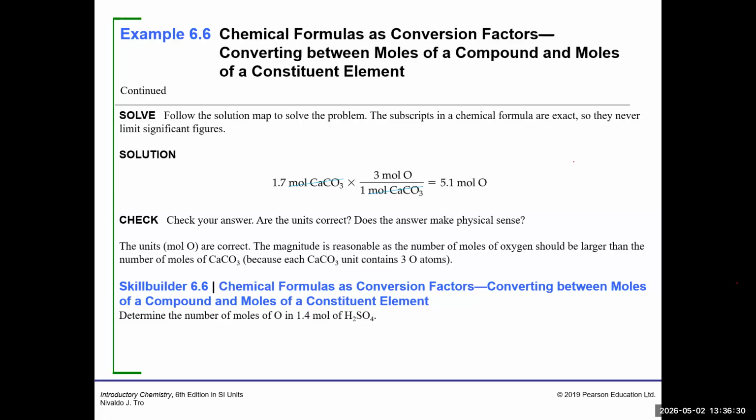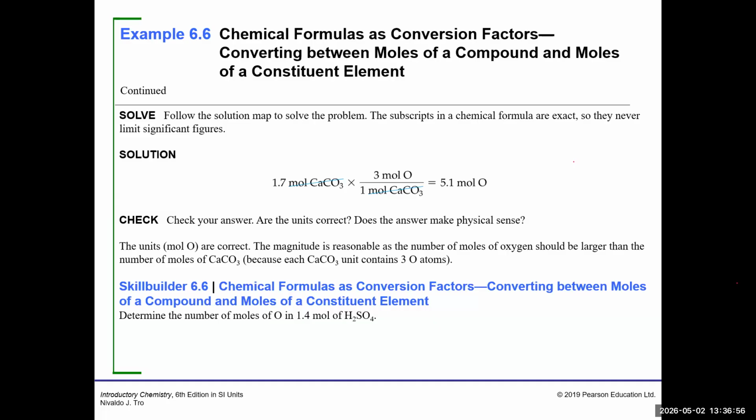Okay, engineer 2 got 5.6 moles of oxygen. Who else? Kingsley, what did you get? 5.6. Okay, good. I think me too has 5.6 moles of oxygen. All right. Very simple.